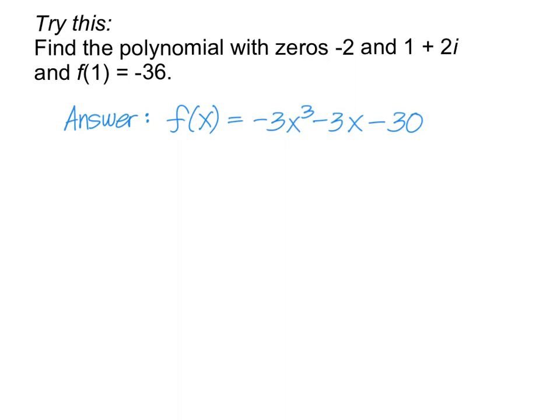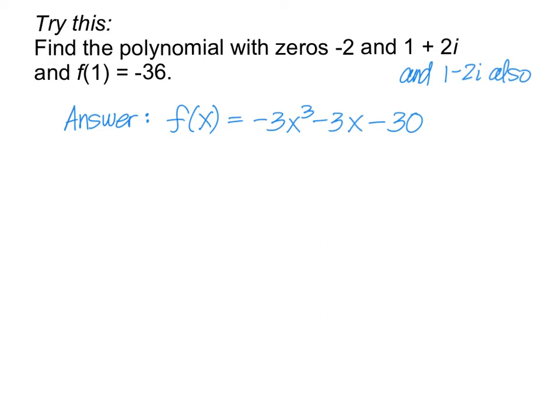Alright, here is the solution. F of x equals negative 3x cubed minus 3x minus 30. This polynomial has negative 2 as a 0, 1 plus 2i as a 0, and 1 minus 2i as a 0. And it also holds the property of f of 1 equals negative 36.